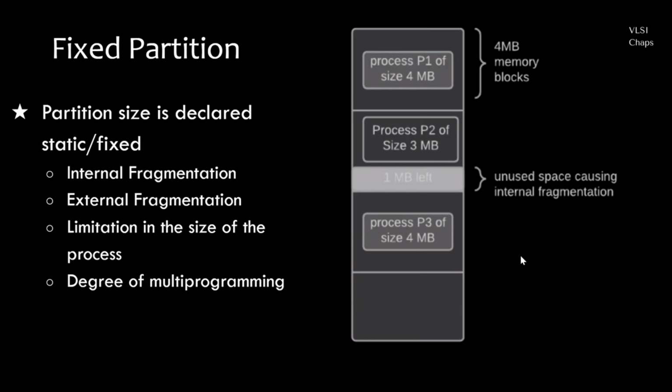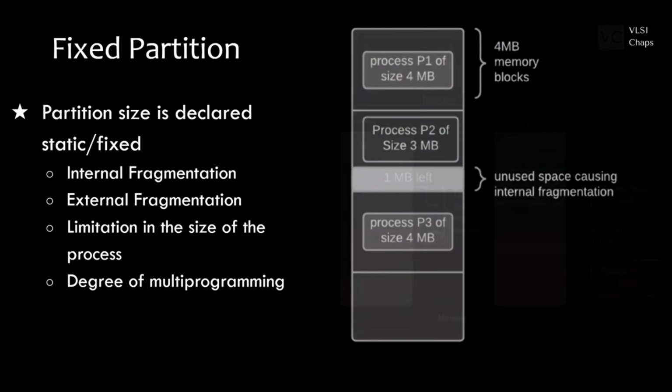These two are separate, they are not contiguous. If they had been contiguous, then we would be able to load a 5 MB process. But we have that limitation in fixed partition. So this unused space will cause internal fragmentation. Now, what is external fragmentation?